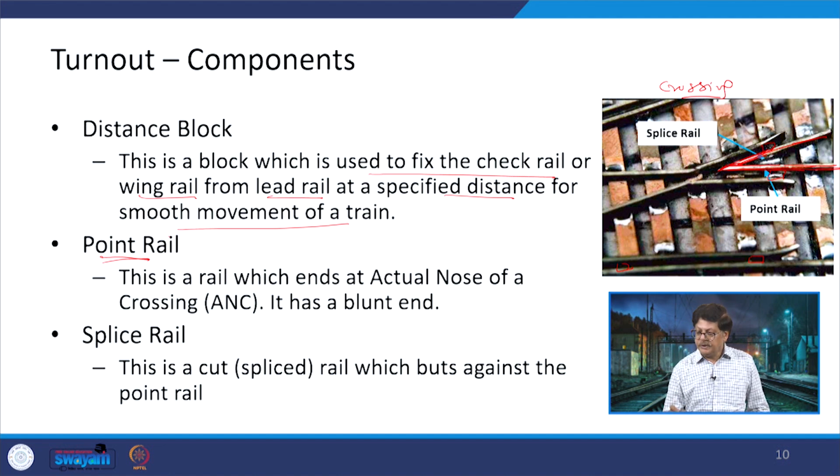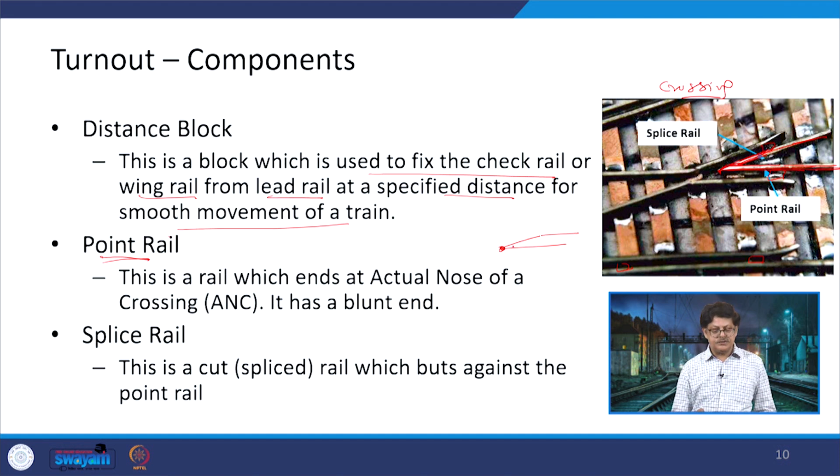Now, this point rail is moving up to the crossing. Based on that, if we provide a sharp edge in this form, there will be a point which gets created.